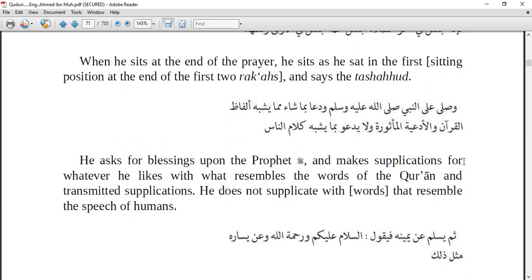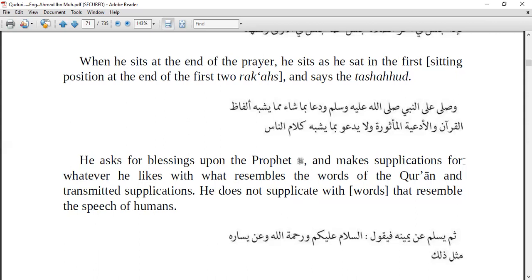What do you do after you're done with durud? دعا بما شاء بما يشبه ألفاظ القرآن والأدعية المأثورة. Then you make supplication with whatever you want from the words of the Quran. رَبَّنَا آتِنَا فِي الدُّنْيَا حَسَنَةً وَفِي الْآخِرَةِ حَسَنَةً وَقِنَا عَذَابَ النَّارِ. From the hadith, اللهم إني أعوذ بك من قلب لا يخشى, من نفس لا تشبع, من دعوة لا يستجاب لها.